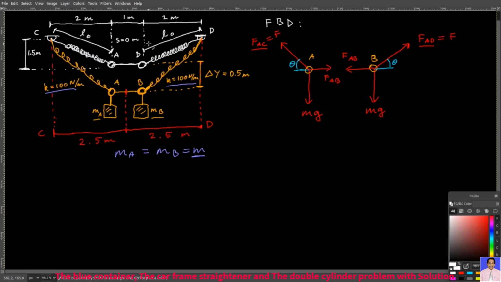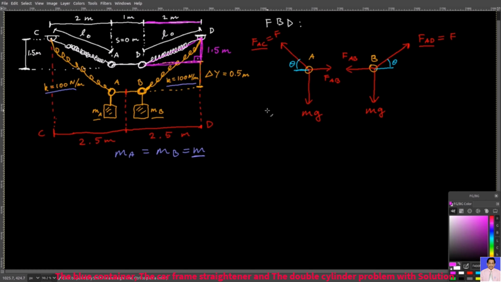And now it's very easy to find this L0. You can use the Pythagoras theorem. You have 2 meters here, horizontally, and then here you have 1.5 meters. So essentially you see that you have a right triangle here, and this L0 is your hypotenuse.